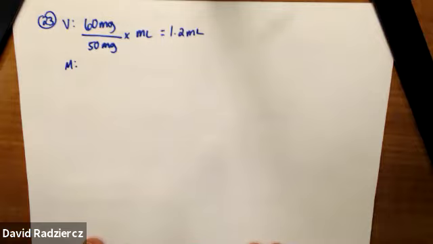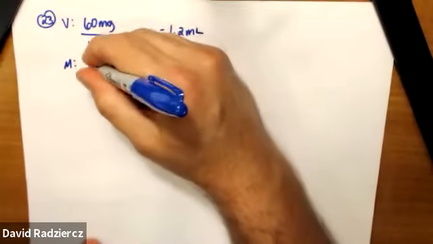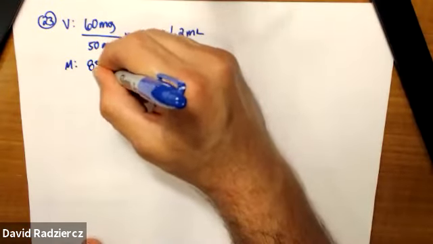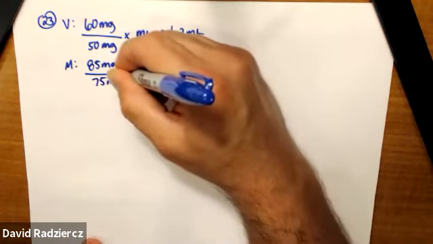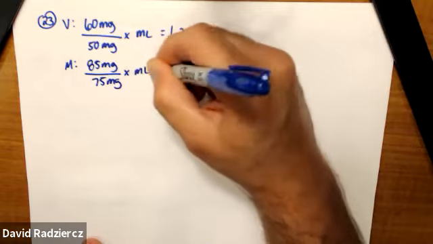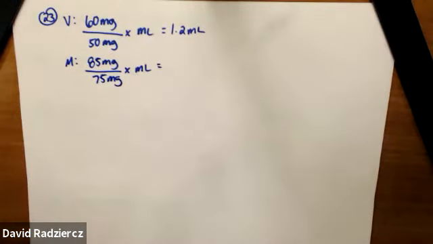And then the meperidine, however you pronounce that, the order is 85 milligrams. Available is 75 milligrams per milliliter. And this one, I think you get a decimal answer.